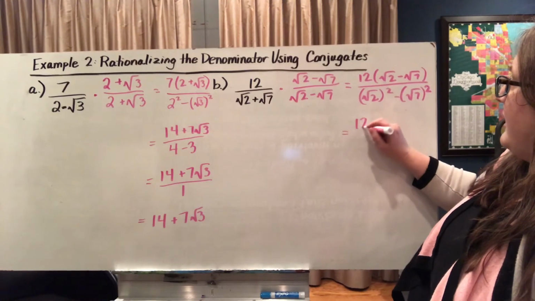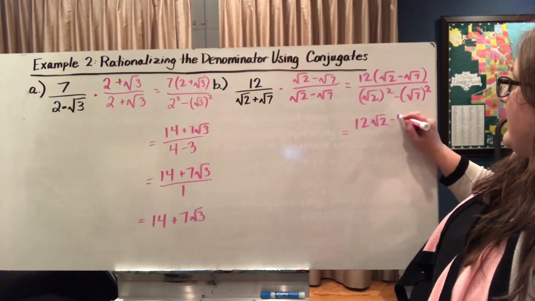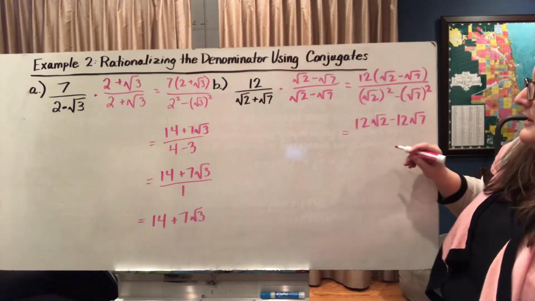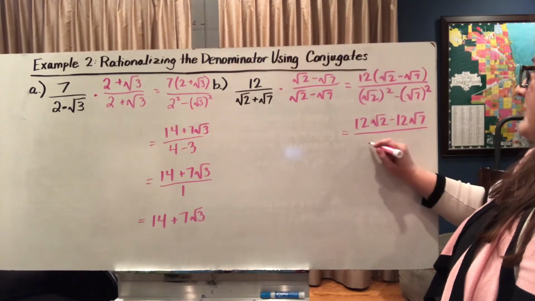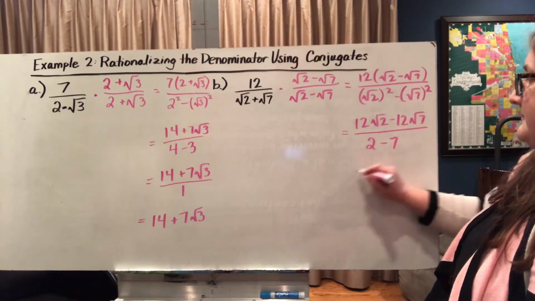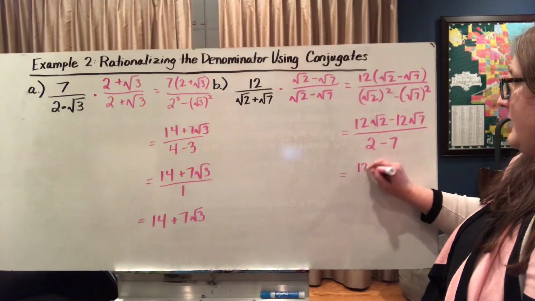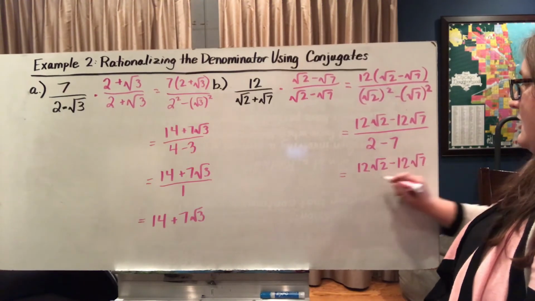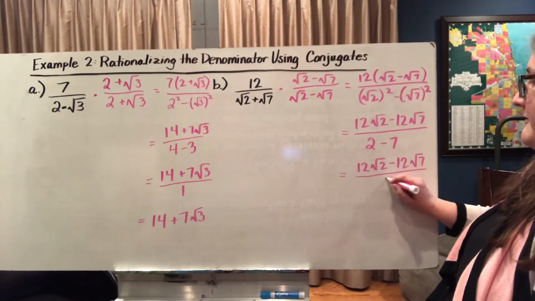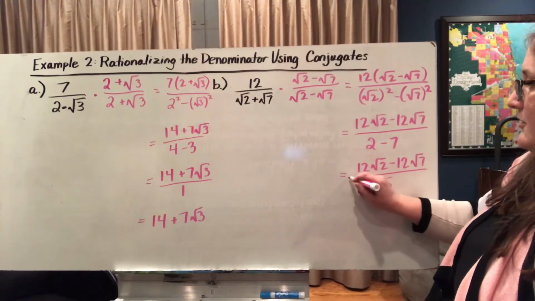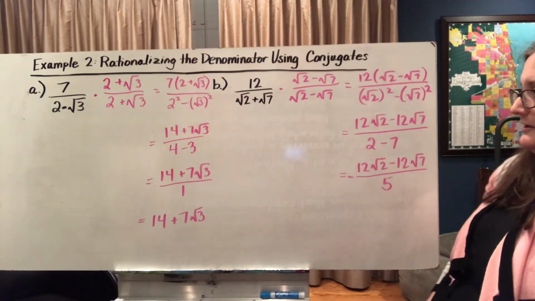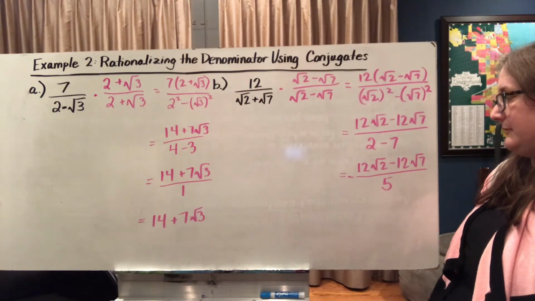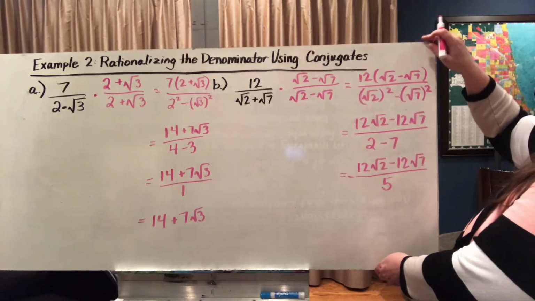So I'm going to get 12 square root 2 minus 12 square root 7. I get that from distributing my 12. And in my denominator, I'm going to have 2 minus 7. So I'm going to get 12 square root 2 minus 12 square root 7 over negative 5. And I can put my negative here, or I like to put it out front. So it's negative 12 times the square root of 2 minus 12 times the square root of 7 over 5.